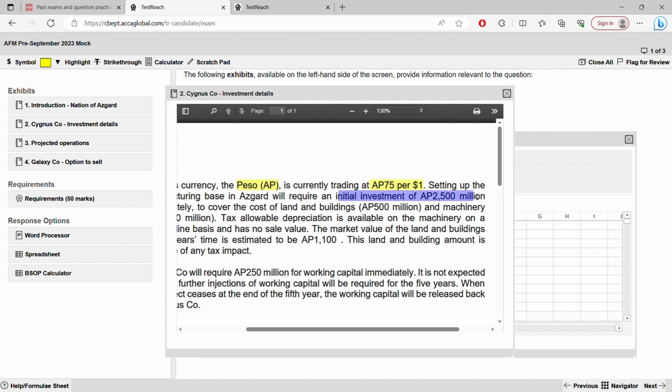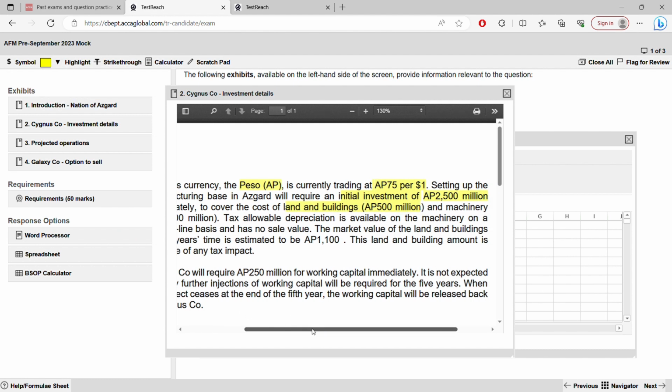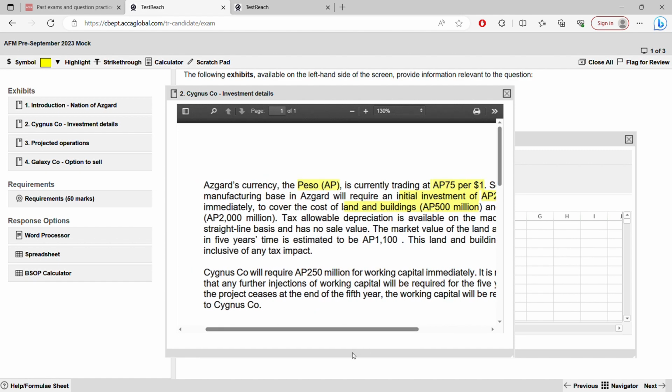Initial investment is 2,500 million AP. Everything is in AP, except few things are in dollar. Then out of this initial investment, this is how this 2,500 comes. 500 is for land and buildings, 2,000 is for machinery. Okay, land and building is 500 and machinery is 2,000.